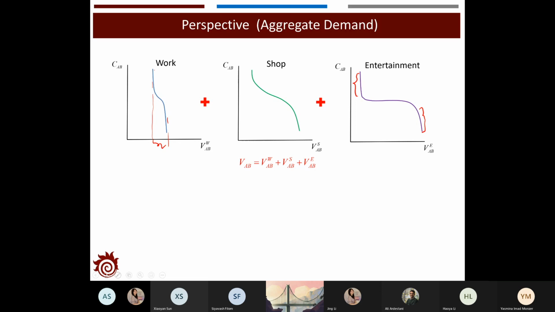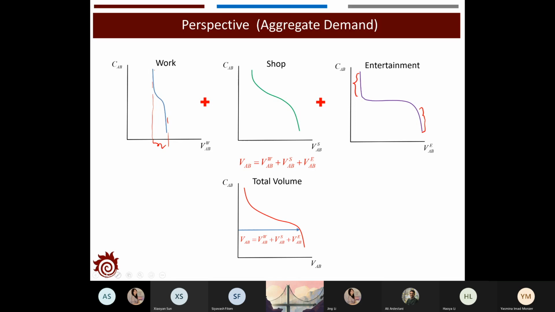But in the transport system, the number of these three types of trips will usually be combined together. So if we put all of them together, you will find a joint trip, which will be a joint demand function, which will consist of work, shopping, and entertainment trips.